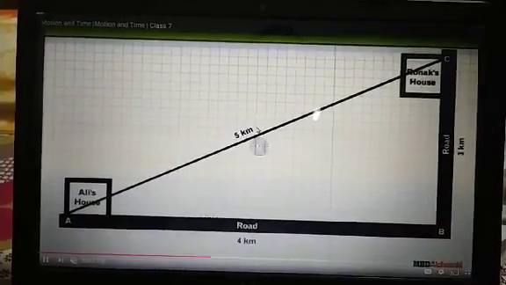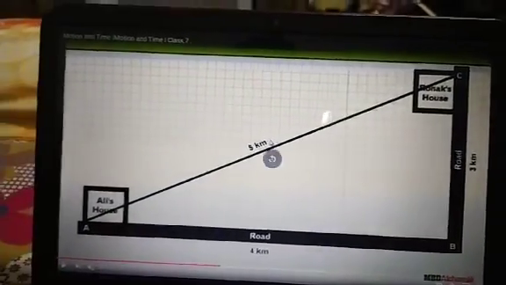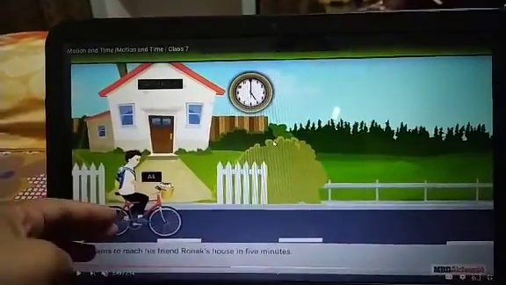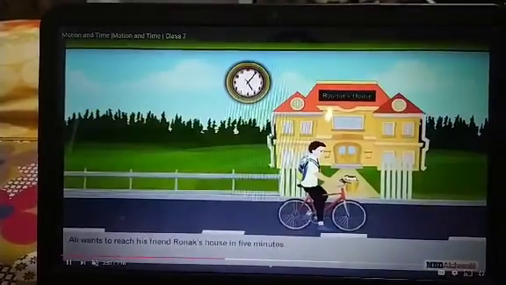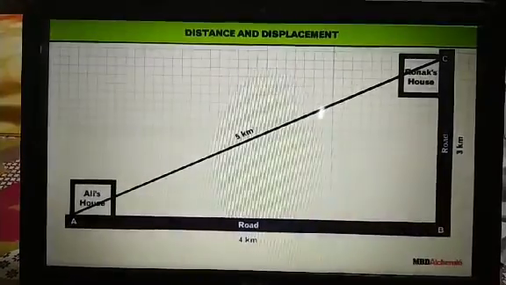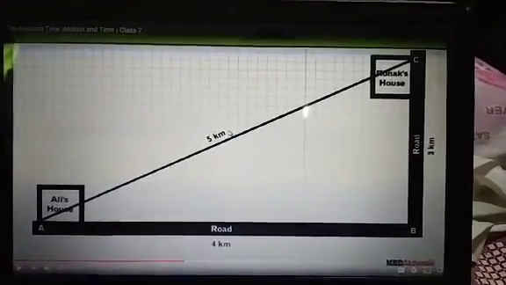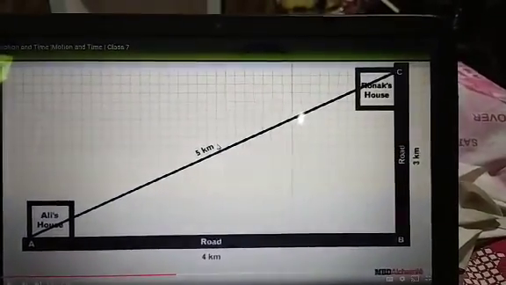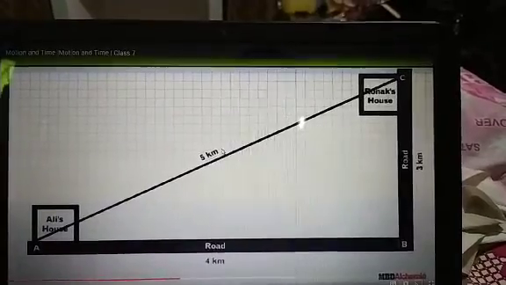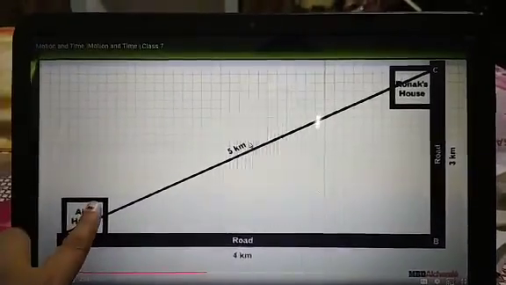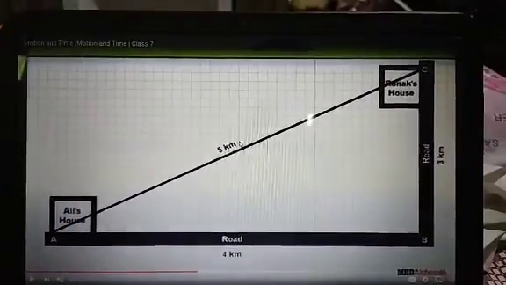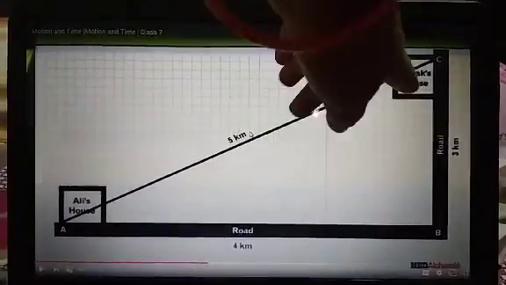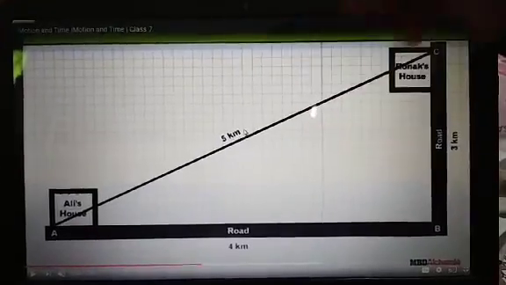Okay, so that is known as a straight motion. See, he is moving in a straight path to Ronak's house. Just look at it. If we see it in a mathematical, graphical way, suppose this is point A, the position of Ali's house, and this is point C, Ronak's house.